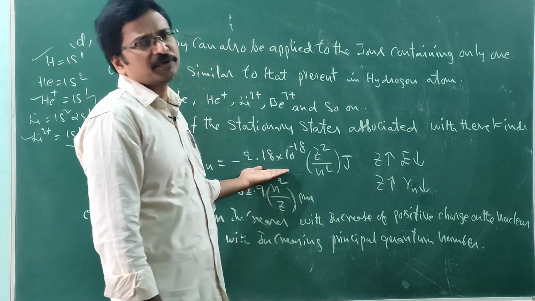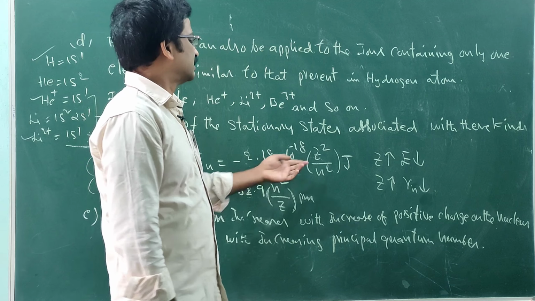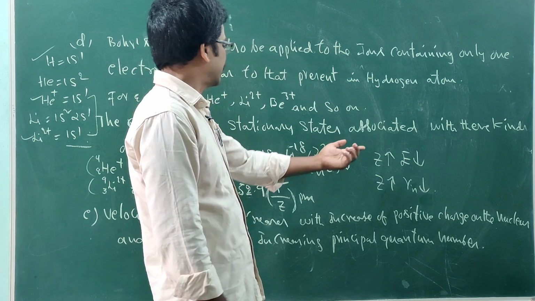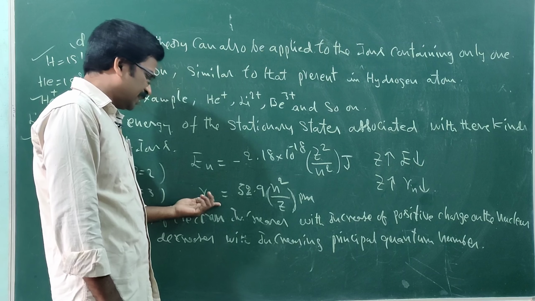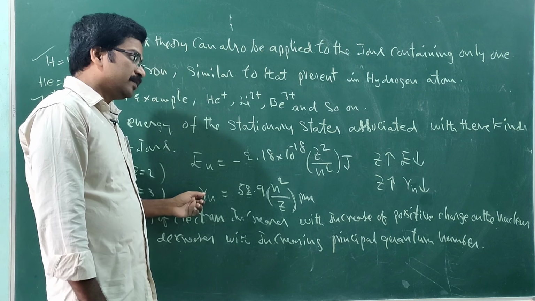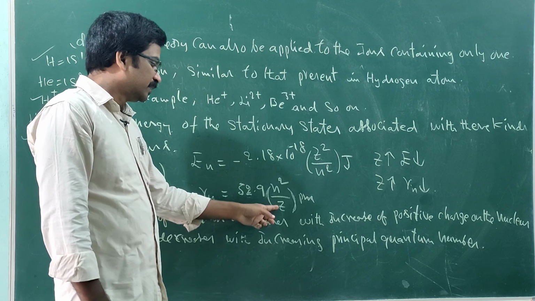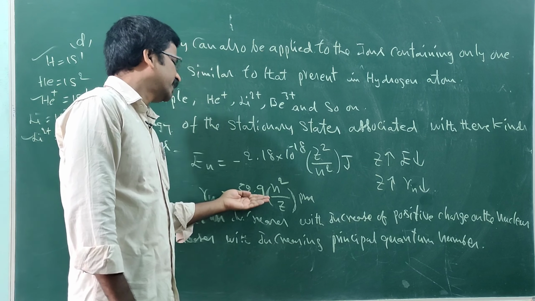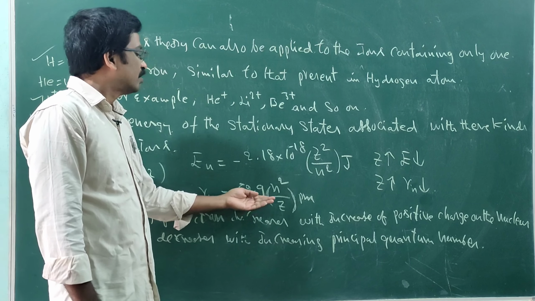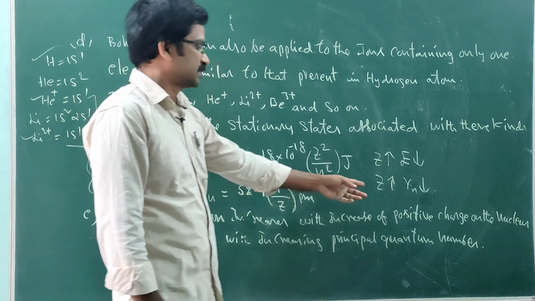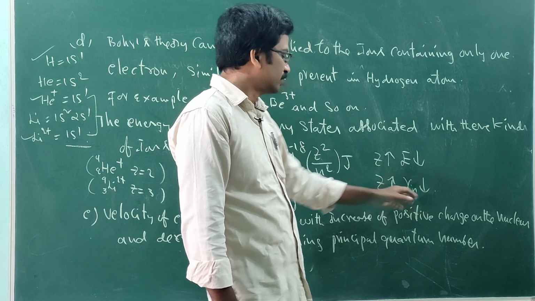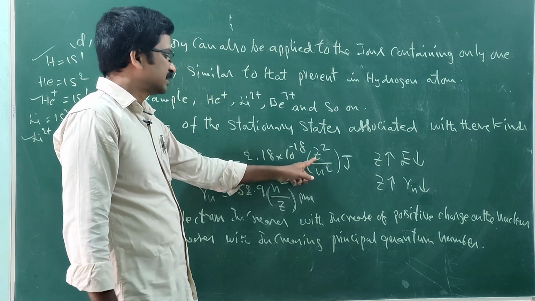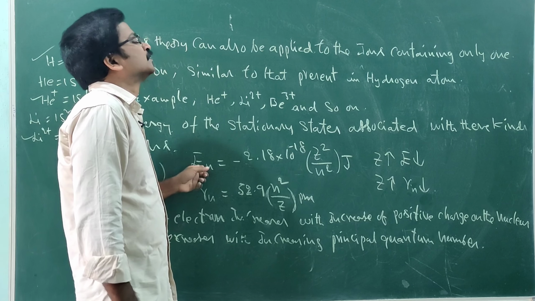From this equation we know that as Z increases, the energy value decreases. Similarly, as the Z value increases, since it divides the 52.9 picometers, the R value also decreases.